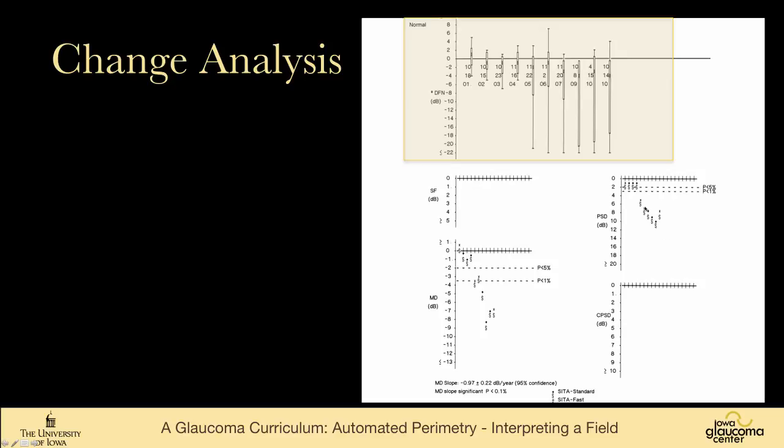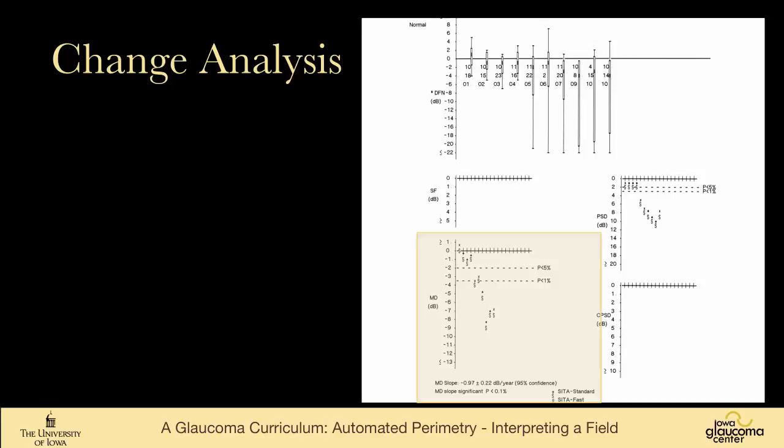This graph does not continue to go down. This one does as people get worse and worse and worse. As patients lose more and more visual field, then the amount of focal loss becomes less, and this turns and heads back up. So actually, when this turns and goes back up, that's a very bad sign.